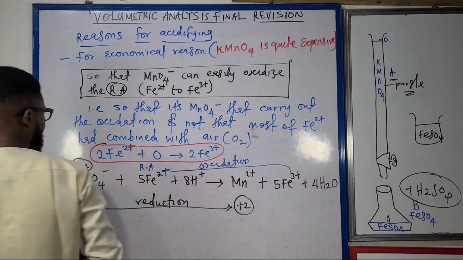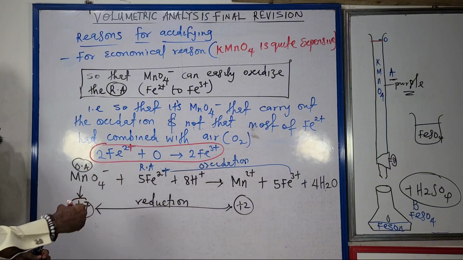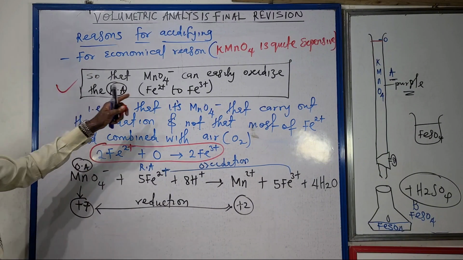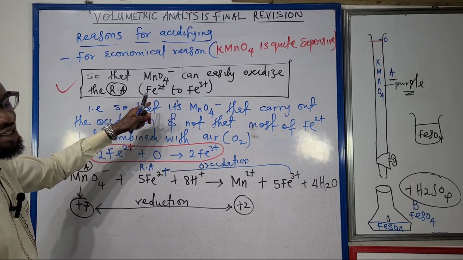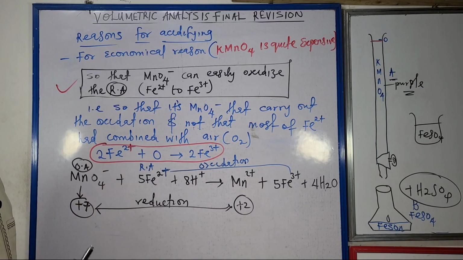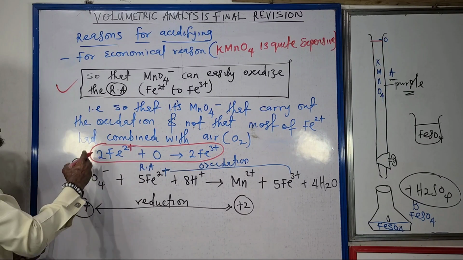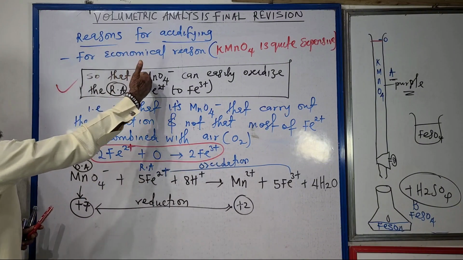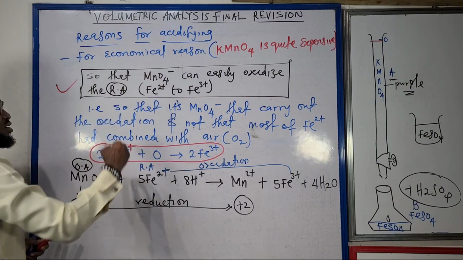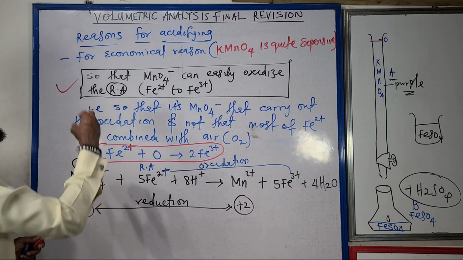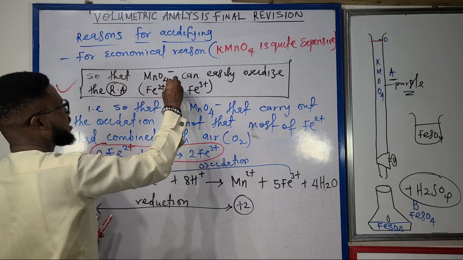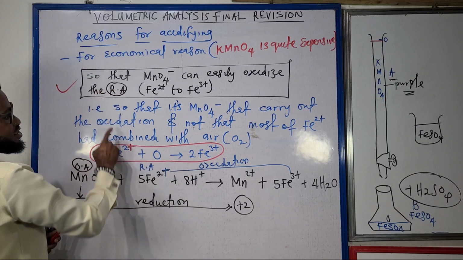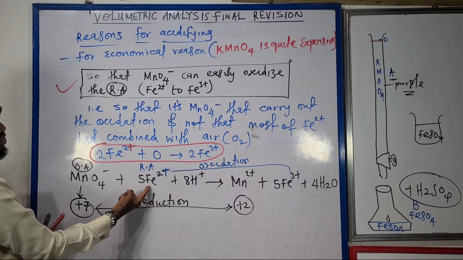So the thing is this: we are acidifying a solution so that the iron 2 ion is preserved, and not that most of the iron 2 ion had been converted to iron 3 ion, so that by the time we run our tetraoxomanganate ion, it is going to be very easy for the tetraoxomanganate ion to oxidize the reducing agent. This here is our reducing agent.